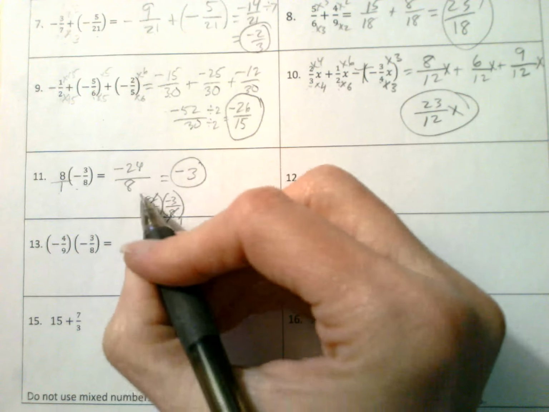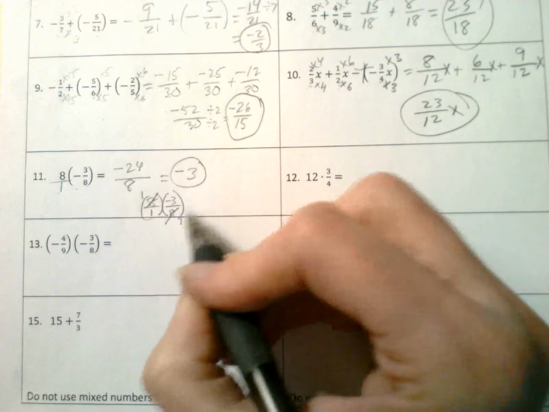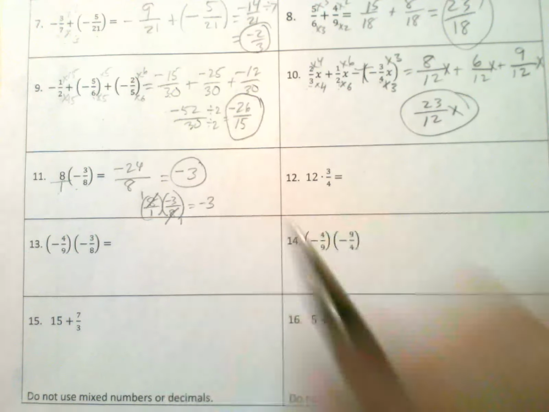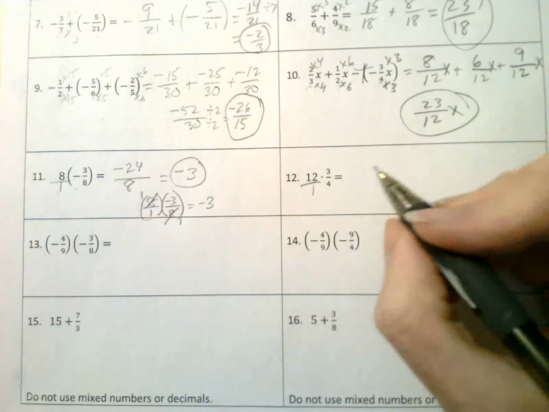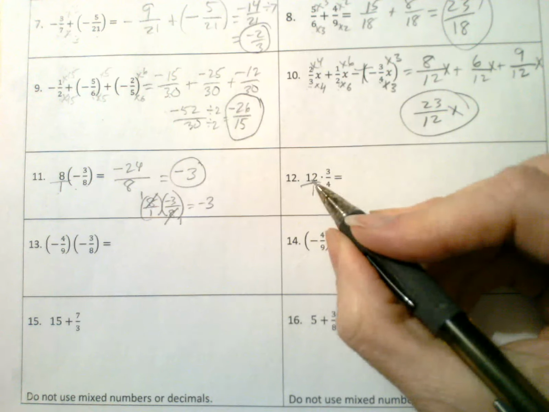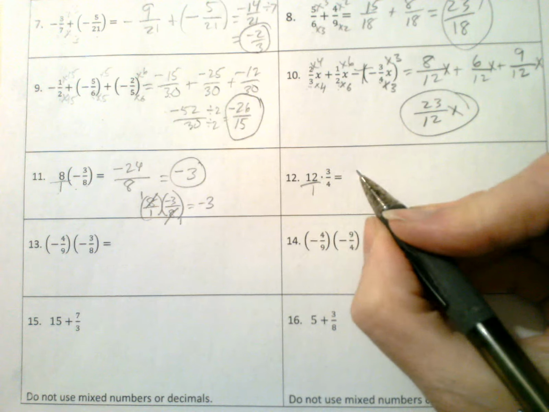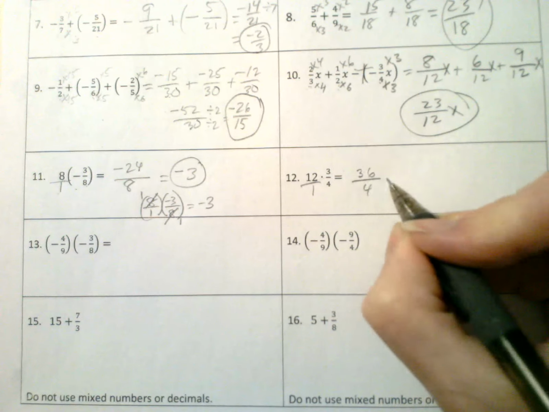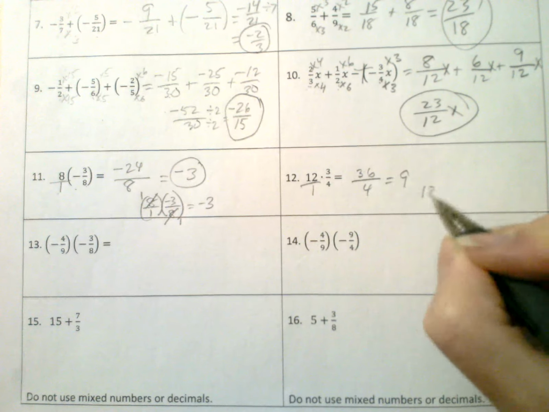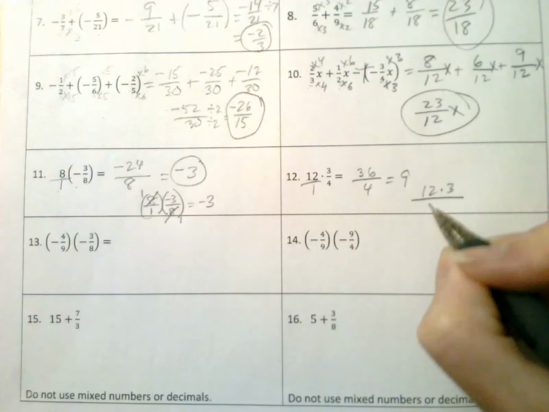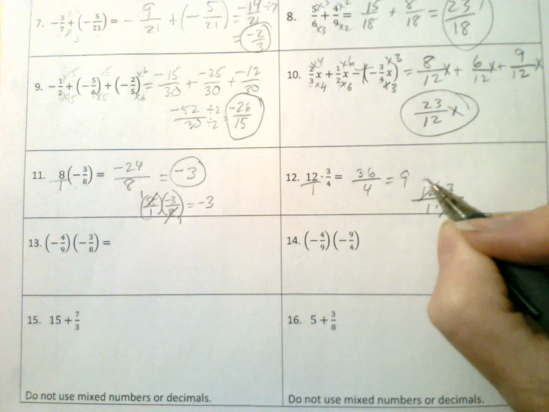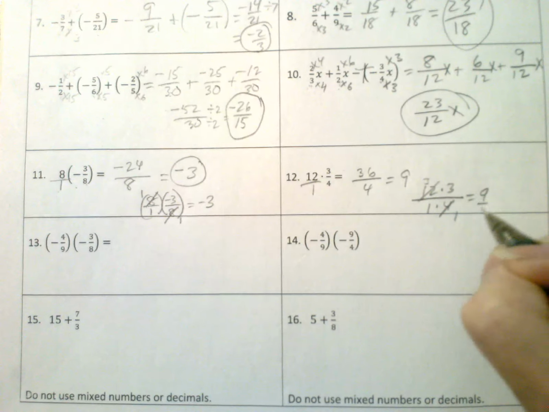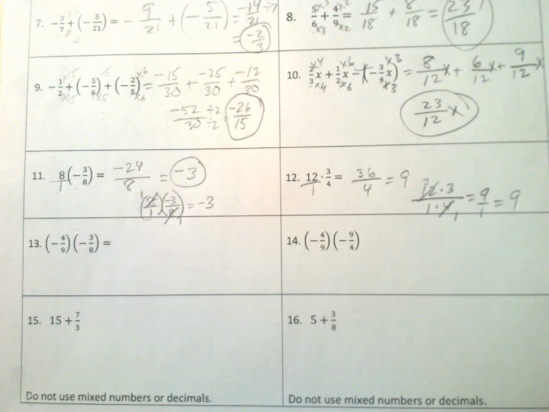So the 8's reduce away, which leaves you with a negative 3, if that's helpful. Put it over a 1, make sure, as a reminder, this is in the numerator. 12 times 3 is 36, divided by 4 is 9. Or you can do 12 times 3, 1 times 4. 4 comes out of the 12 3 times, which is 9 over 1, which is 9.